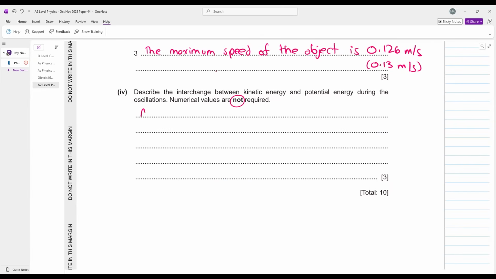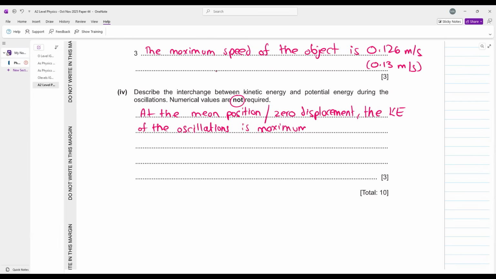You will say what? At the mean position, zero displacement, the kinetic energy of the oscillations is maximum and potential energy is zero.